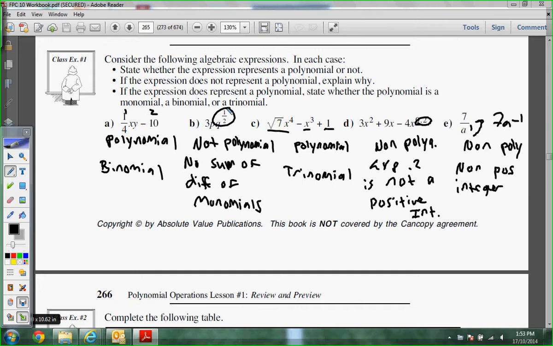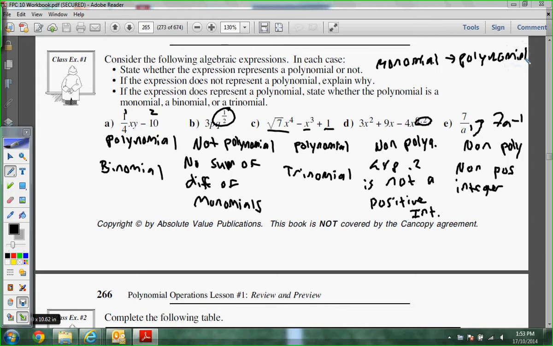Okay, sorry, let me change one thing here. Monomial, my bad. A monomial is a polynomial, I'm sorry. So if you want to change that, that's my bad. It is a polynomial, which I knew, it makes sense.